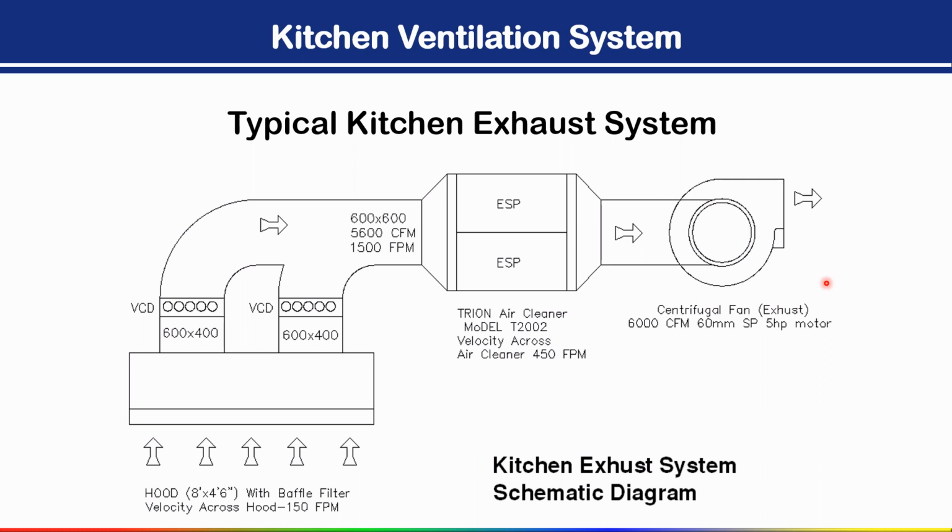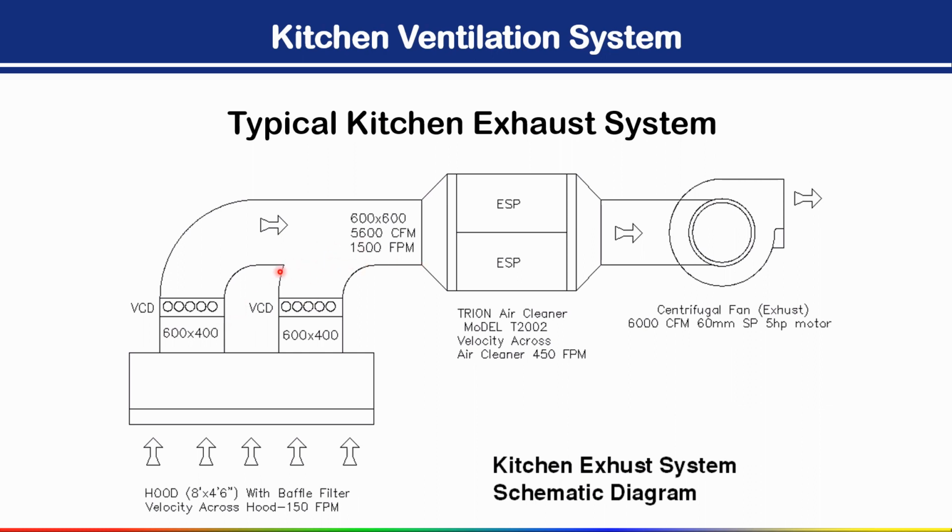First of all, you can use this fan for exhausting a high capacity or high volume of air. With the help of this fan you can easily extract that high volume of air. That is why it is very important. So here we are installing a centrifugal fan also. Now the question is, what velocity do we have to maintain?